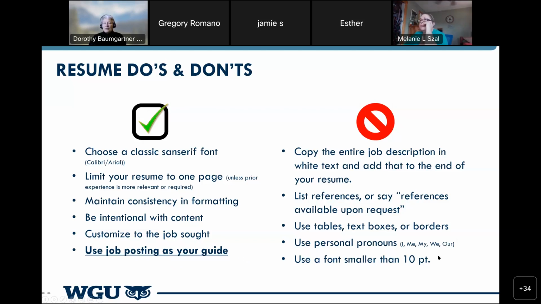Okay, here are some don'ts. There's a thing that's been going around for a number of years, where people say you can cheat the applicant tracking system by copying the entire job description and putting it in white text at the end of your resume. Don't do it. It's a really bad idea. One, hardly anybody's ever going to score 100%.